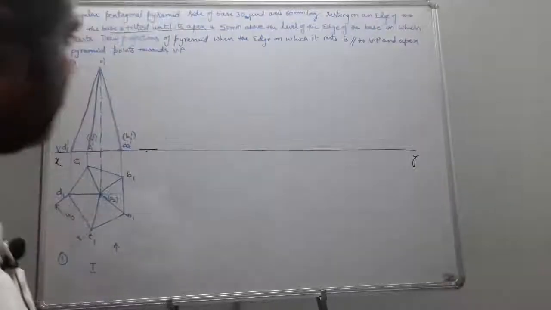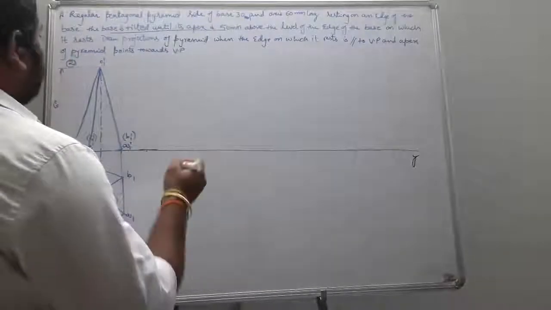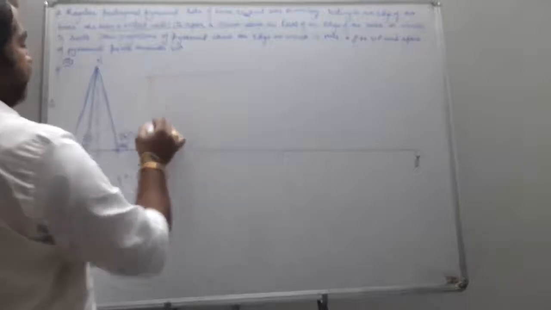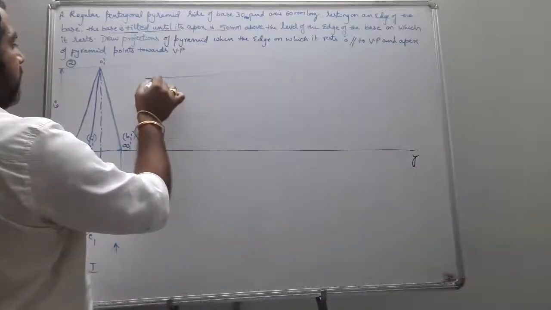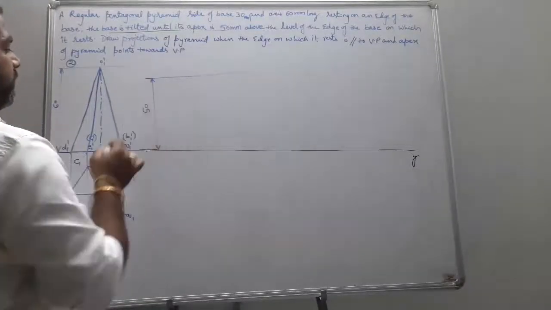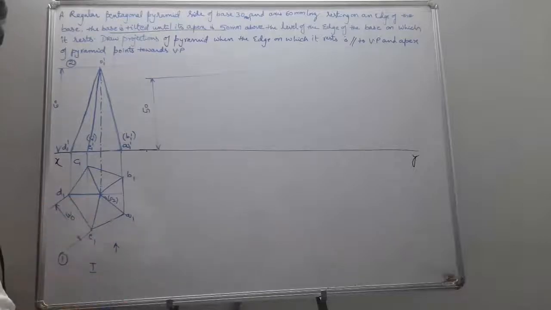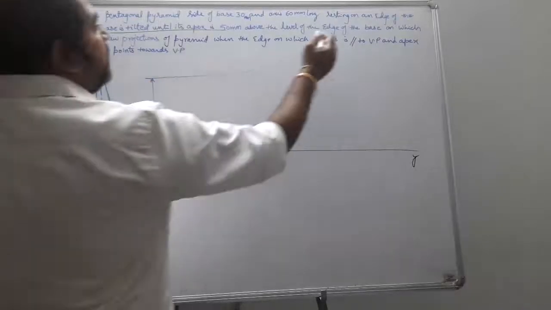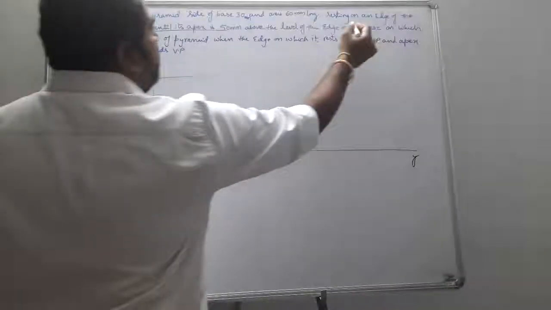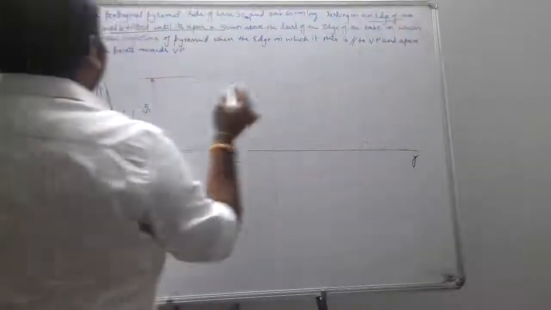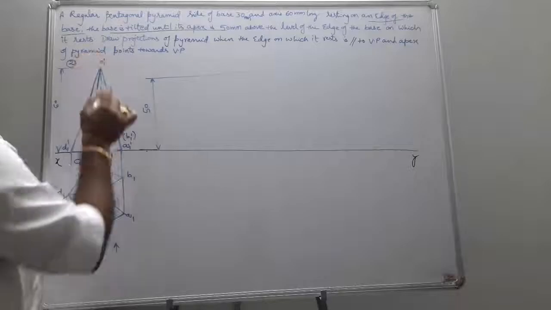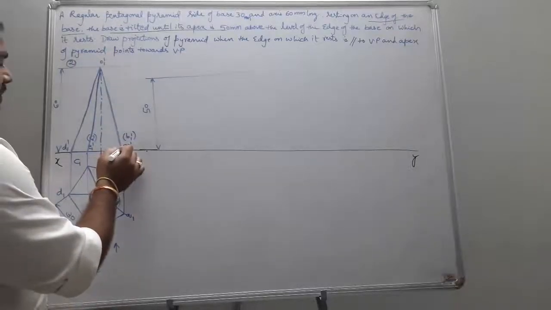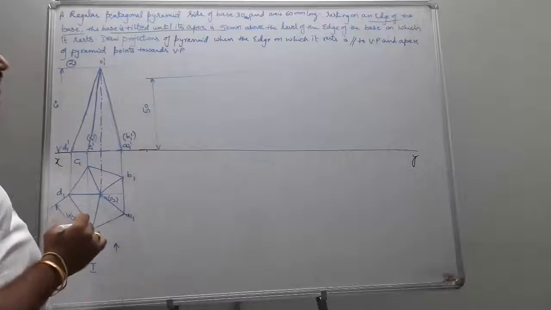You just see simply, if I just draw a line of 50 for your convenience, and I know that it is going to be resting on an edge of the base, and then it is tilted. So that edge of the base is considered as A dash, B dash.